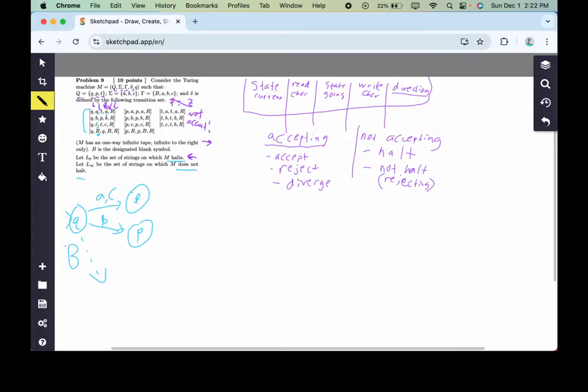And what this is going to essentially do is give me an infinite loop of blanks. So right here is a halting example.